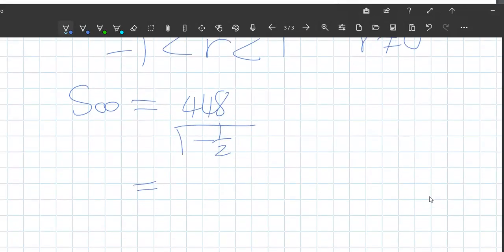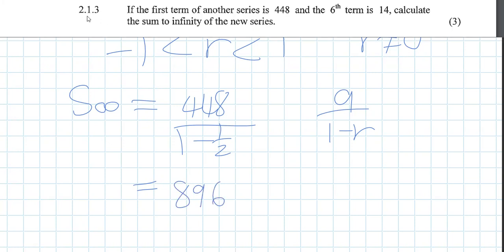And then we have sum to infinity, A over 1 minus R. We can use the calculator: 448 over 1 minus a half is 896. That concludes 2.1.3.